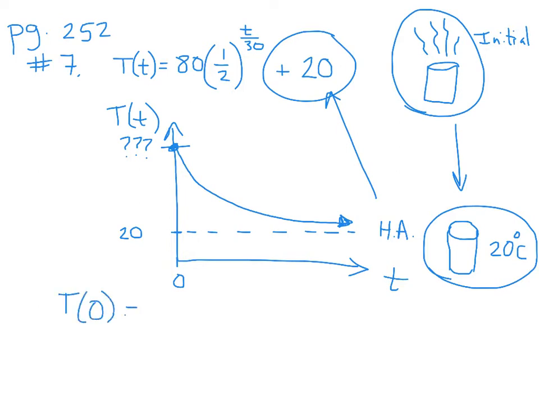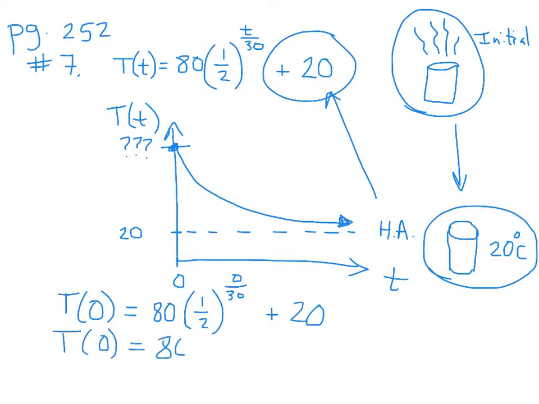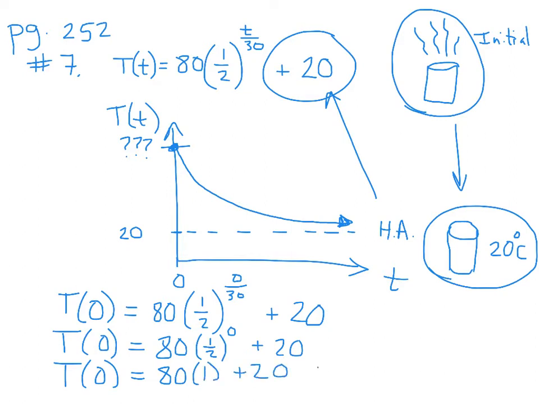And so if I put in a 0 for wherever I see time, I get this. So time equals 0 is going to be 80 times a half to the power of 0, because 0 divided by 30 is 0. And we know that a half to the power of 0 is just 1. So this is going to be 80 times 1 plus 20. So you could see actually that this is 80 plus 20, which is 100. So the initial temperature of this hot liquid is 100.